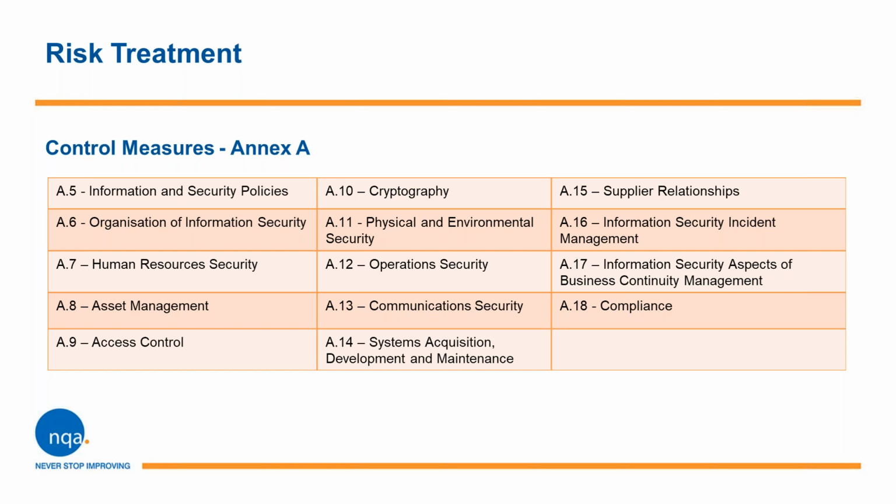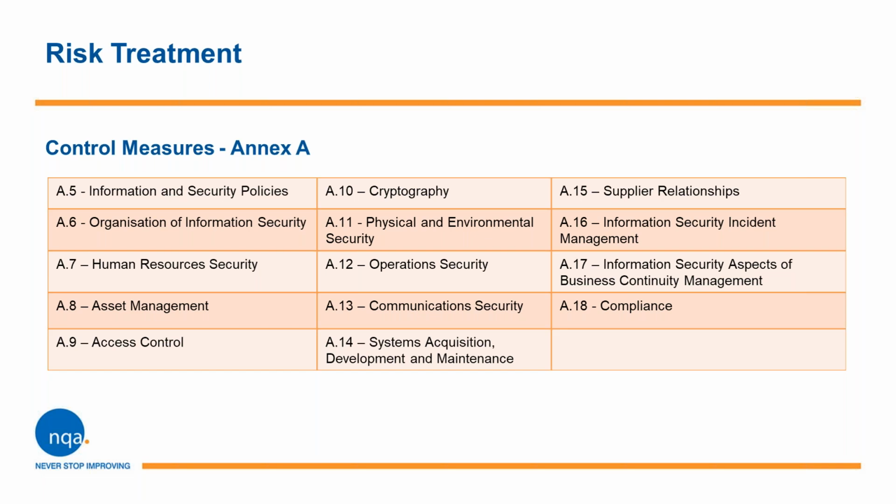A16 is information security incident management, which is quite a big section of Annex A, which is the controls for reporting events and weaknesses, defining responsibilities, response procedures, and collection of evidence. Now, this is quite an important clause, especially for things like reporting breaches to the ICO under GDPR and things like that.